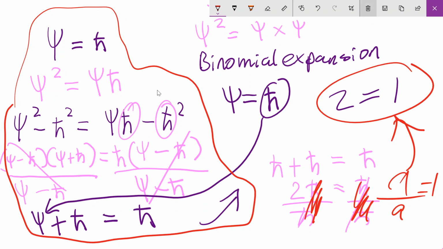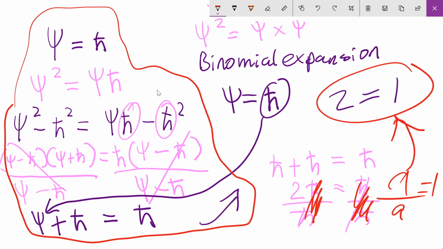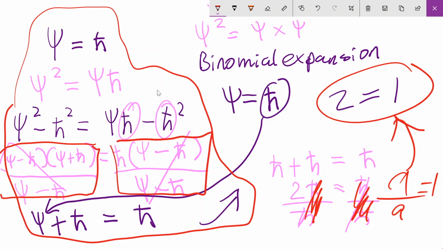Well, actually no. I've accidentally deleted the whole thing. So it's actually in this part that we make the mistake. Well, the thing is, when you have a variable minus itself, it equals 0, right?